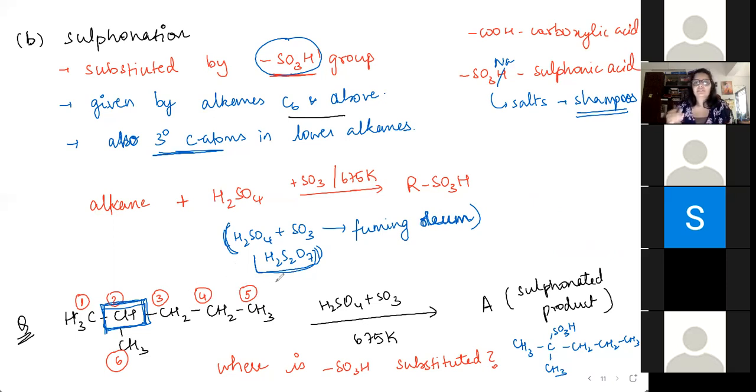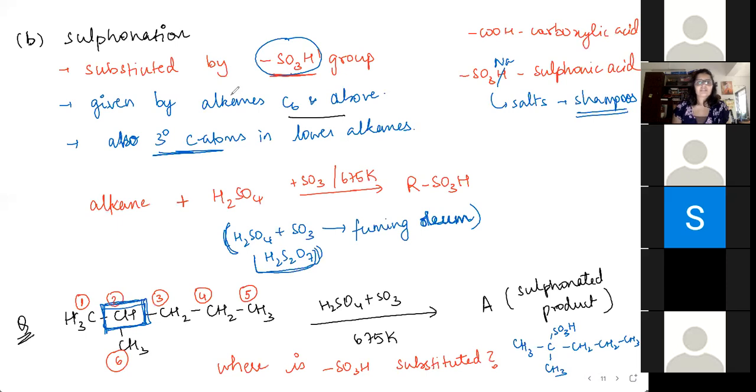There's one more level of thought you need to apply: okay, lots of possibilities, but how will it happen? Rishit's asking, we usually use tertiary because it will replace faster, right? Correct. So tertiary is the preferred site, it's a reactive site.